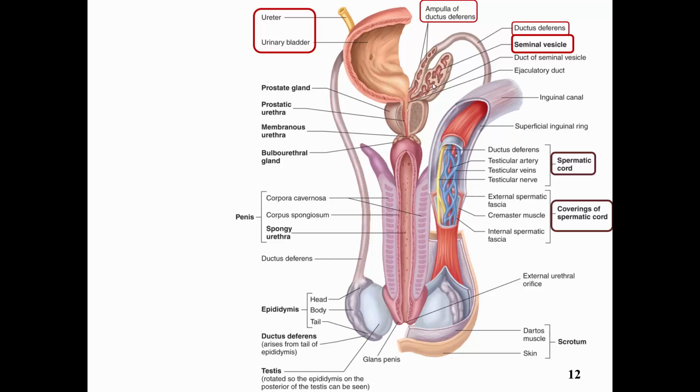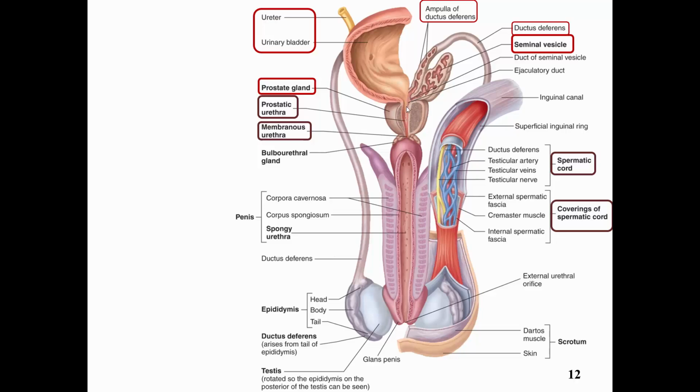You can see that at the terminal end of the ductus deferens, where it merges with the seminal vesicle, secretions start to be added to the sperm cells and fluid, and that merges with the urethra. That urethra will pass through the prostate gland, and it changes names. It becomes known as the prostatic urethra, and then it becomes the membranous urethra. So it's still the continuous tube that functions to transport either urine or semen.